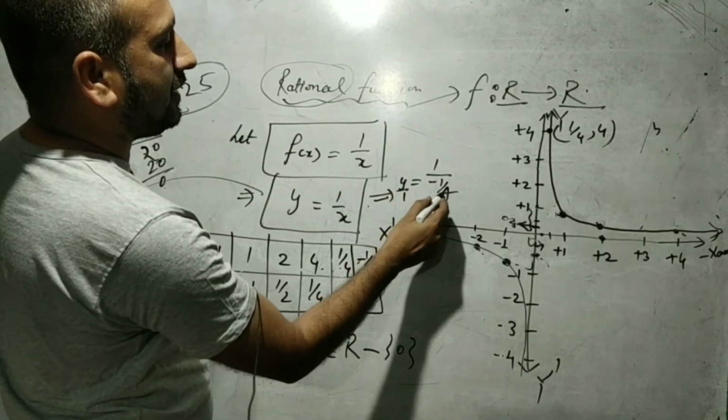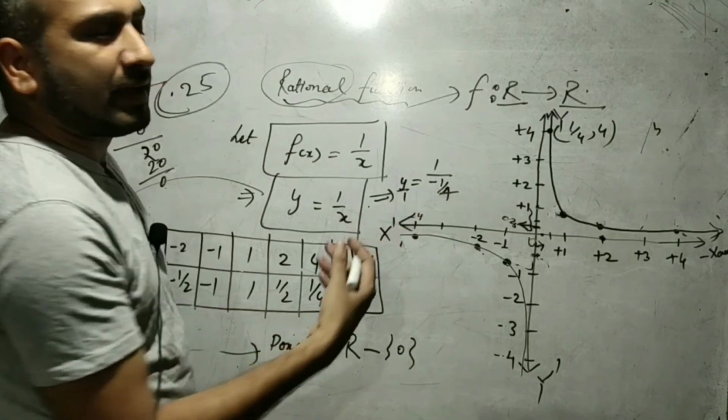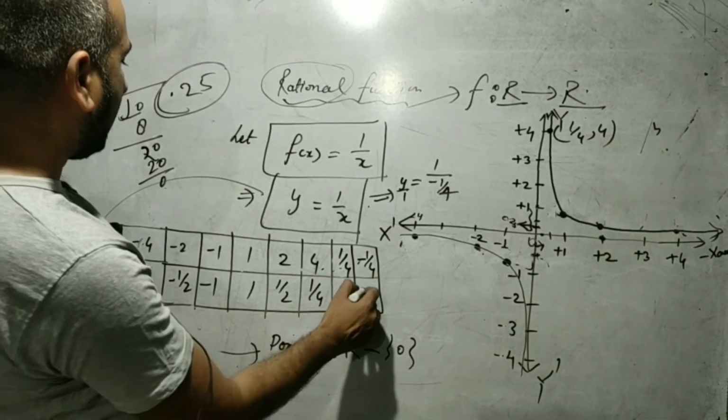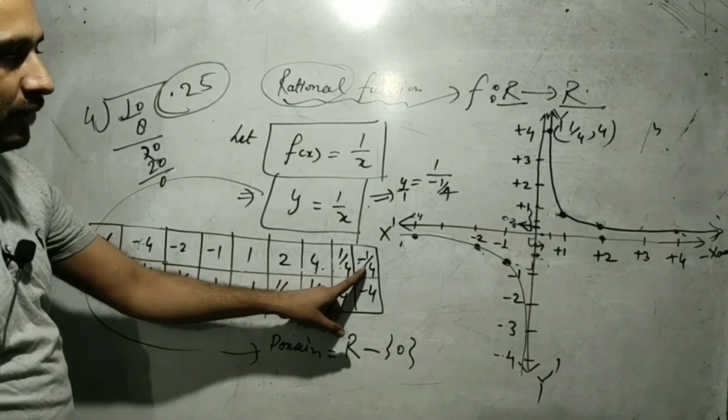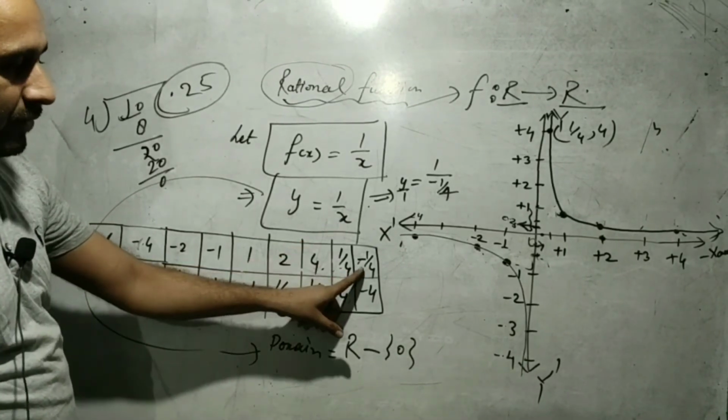Using cross multiplication, you can write y is minus 4. So y is minus 4. Is it clear? If x is minus 1 upon 4, then y is minus 4.